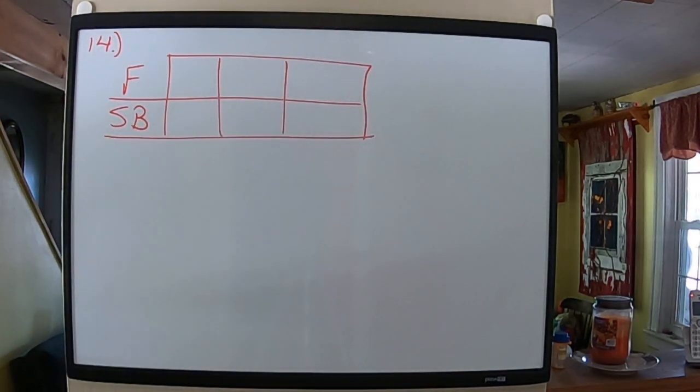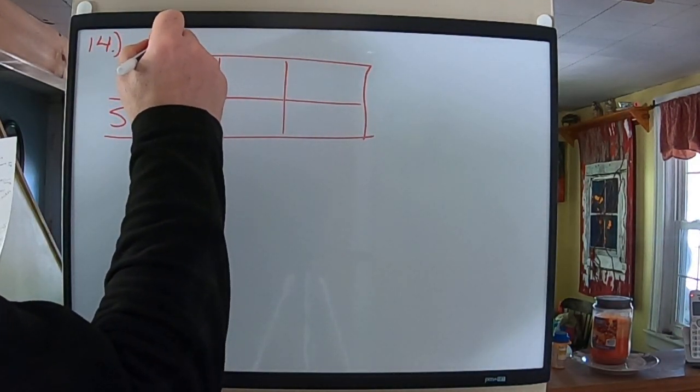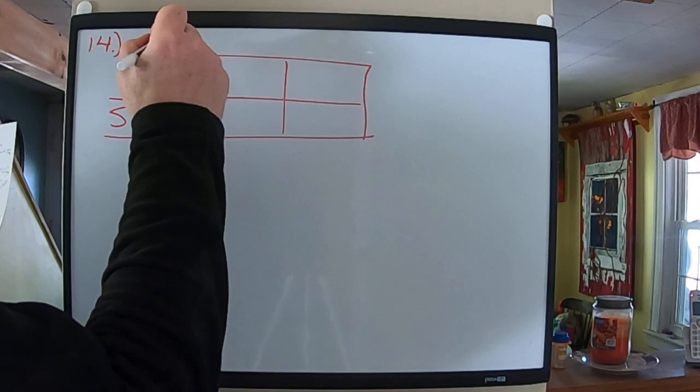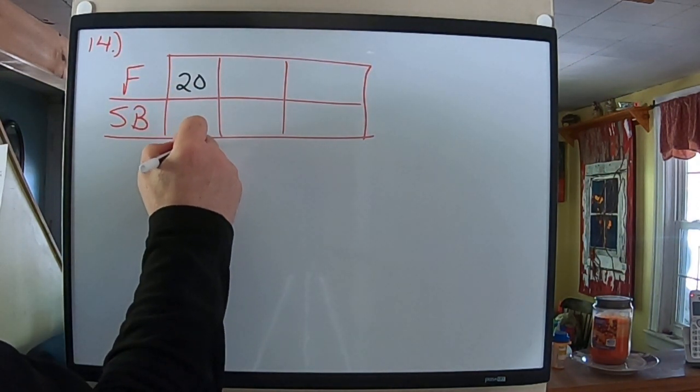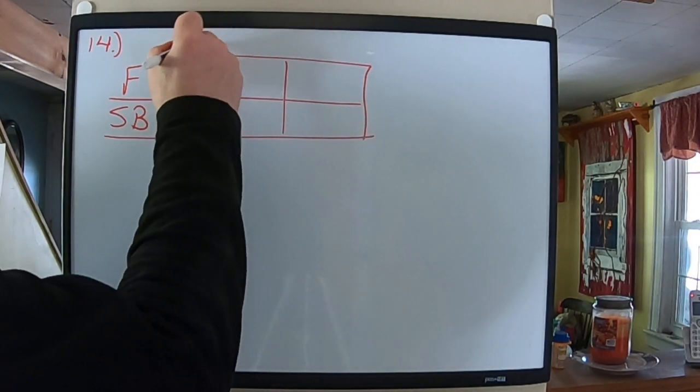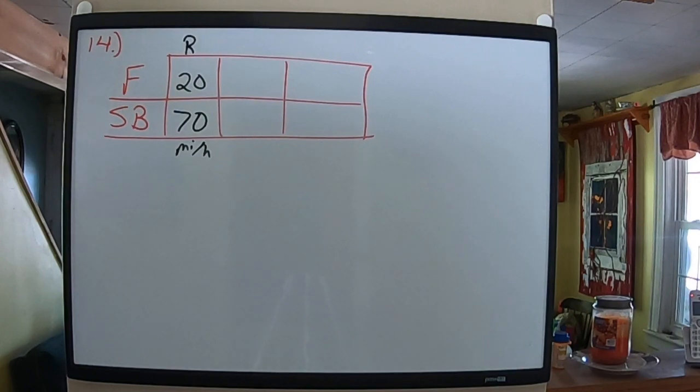The freighter goes 20 miles an hour, the rate, and the speedboat is going to go 70.